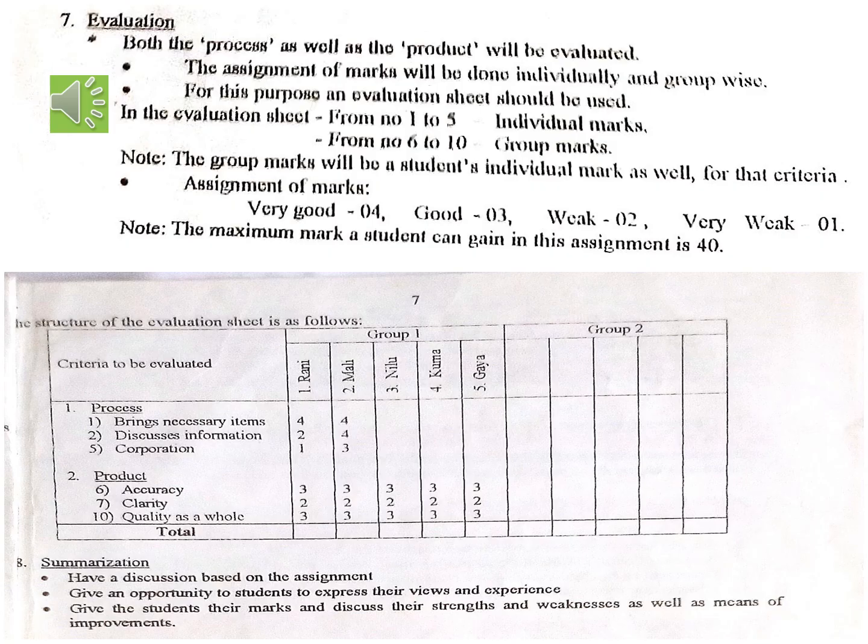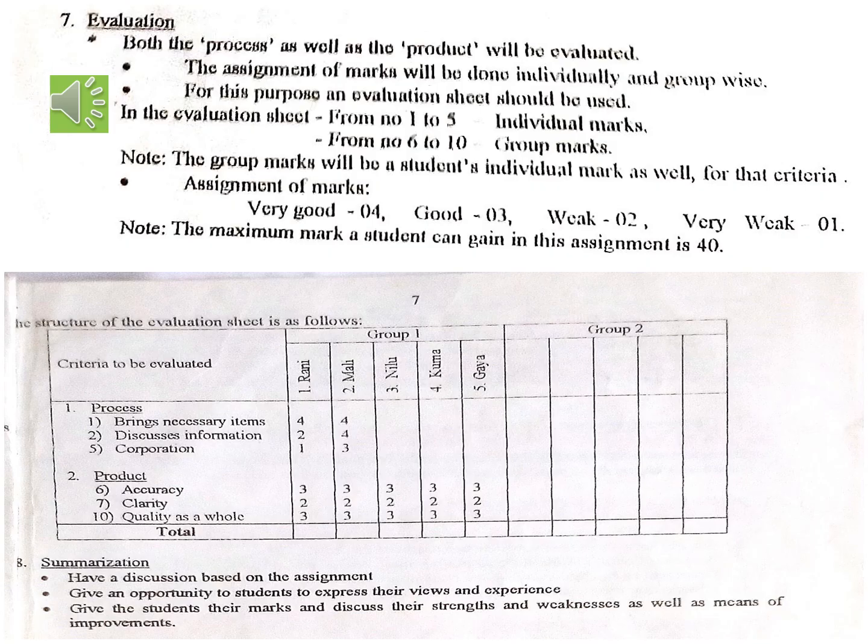Otherwise they'll be very lazy and cunning students. They will give the assignment to the groups and they will just stay back and do nothing and get the marks at the end. So the assignment of marks will be done individually and also as a group, right?